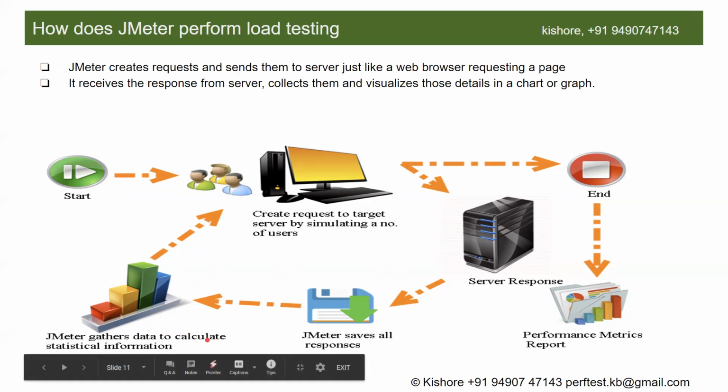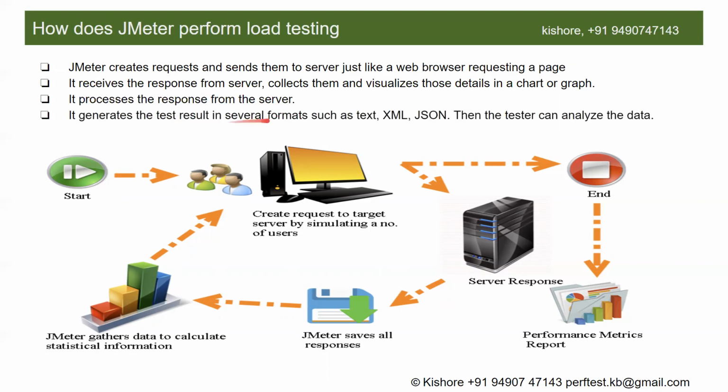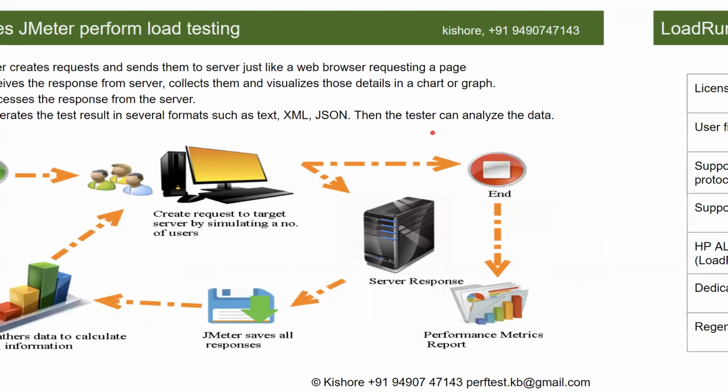It collects the data to calculate statistical information, processes the response from the server, and generates the test results in several formats such as text, XML, and JSON. Then the tester can analyze the data, right? So let me go to the next slide.